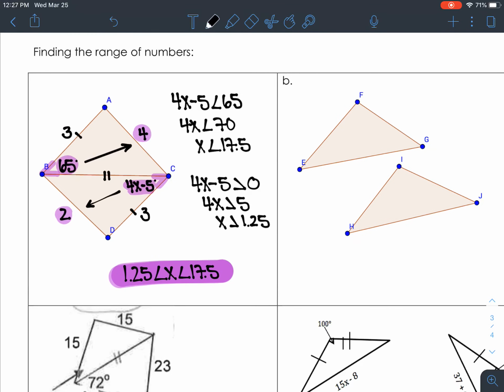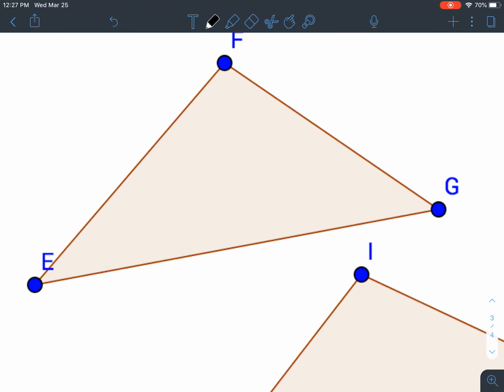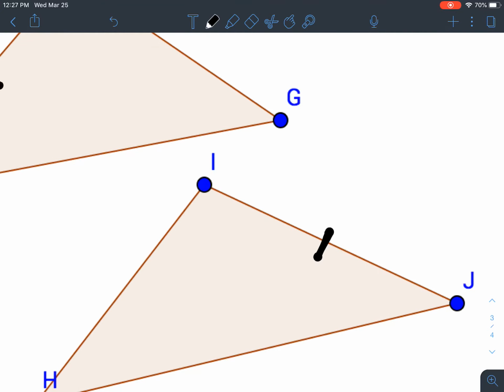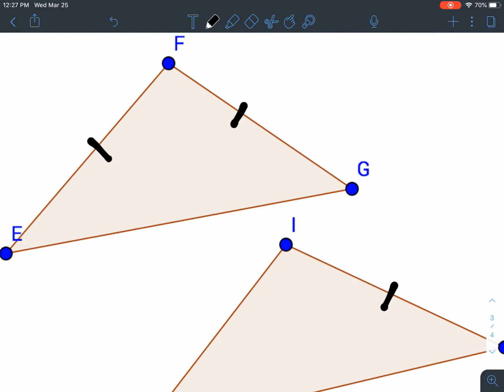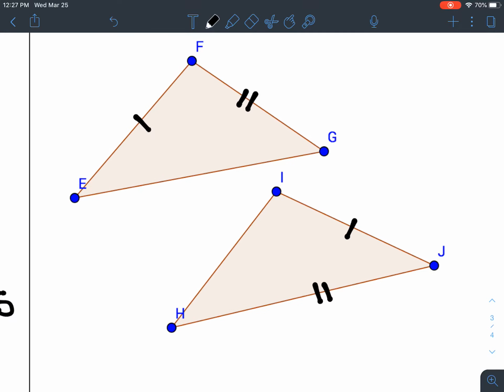So this time we're going to come over here, and I want you guys to mark that, and it's not going to be drawn to scale, so just stick with me. This side length of EF is going to be congruent to IG. This side length of FG is going to be congruent, like I said, not drawn to scale, to GH.